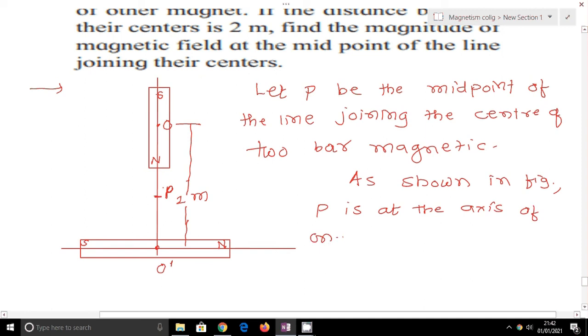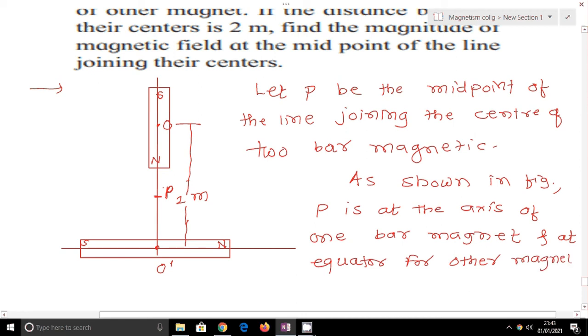So here P is at the axis of one bar magnet, correct? P is at the axis of one bar magnet and at the equator for the other bar magnet. If we observe the diagram, we can see that point P is at the axis of one bar magnet and for the other it is at the equator.